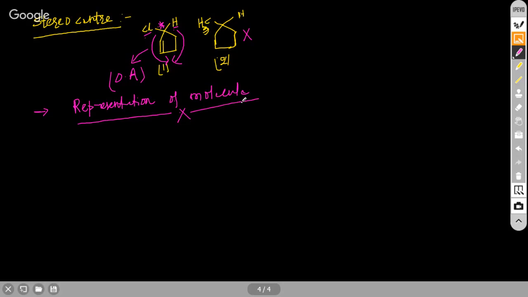For that, you should know one or two representations of molecules. How do we write down the structure of a molecule? There are two representations we are going to discuss here. The first one is the flying wedge representation. You must know this.